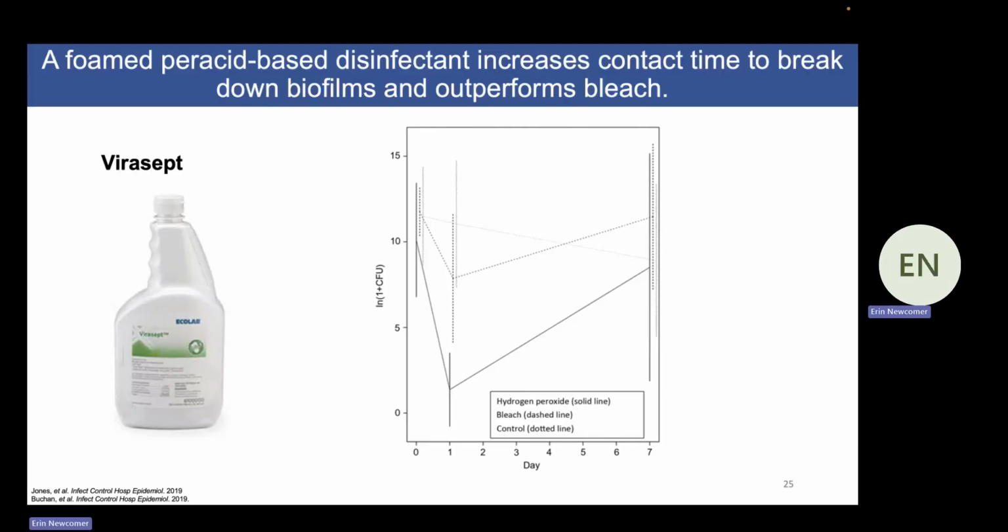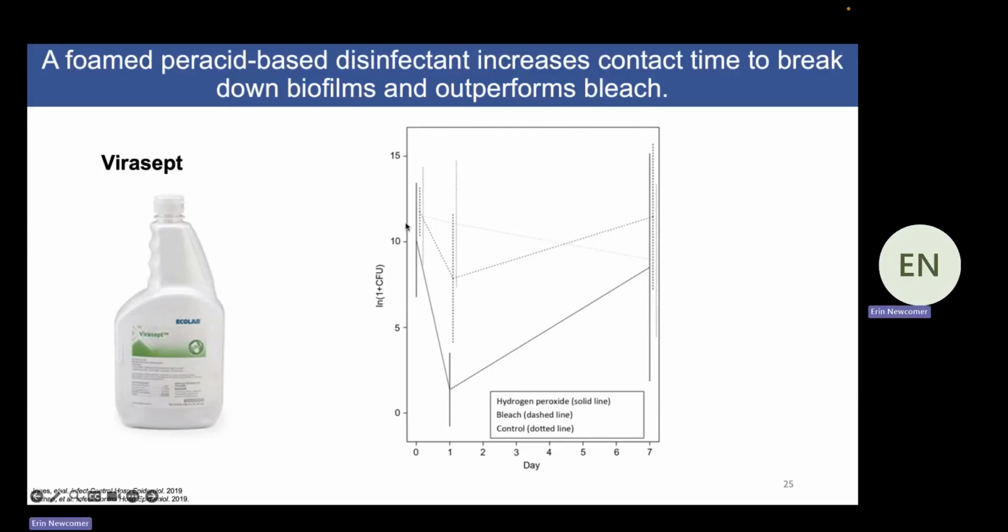I want to look at a couple different figures that have been published by other groups that are why we decided to use this approach. First, we're looking at a graph of recovery of bacterial growth after treatment with either hydrogen peroxide, bleach, or control that was not treated at all.